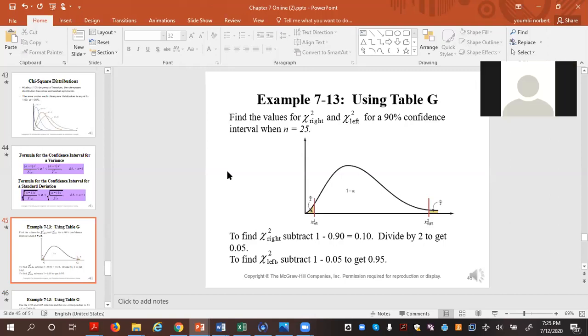So we will need two numbers. Remember, we have left and right: chi-square right and chi-square left.